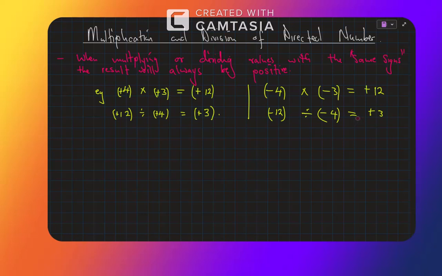Are we together on that? When you multiply or divide values with the same signs, the result will always be positive, right?